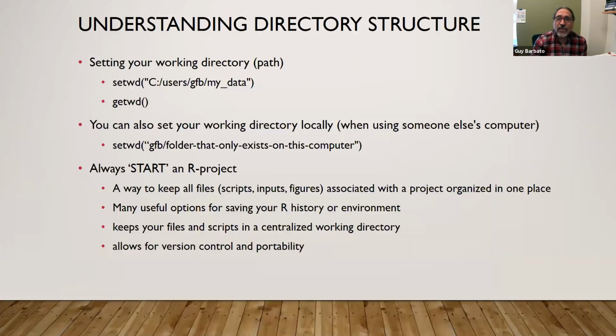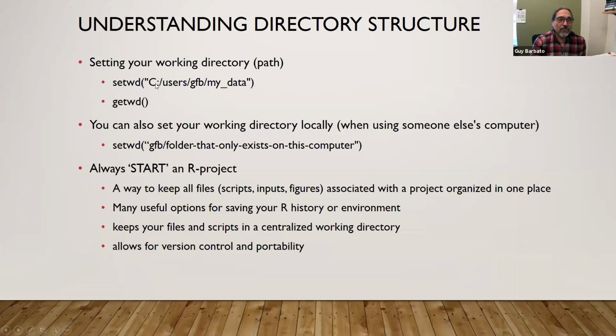So this allows us to save scripts, as we discussed. And the way you set your directory structure is like this. What you want to do is something called setwd. And setwd is set working directory. And again, you do it by starting with parentheses and then setting the location.